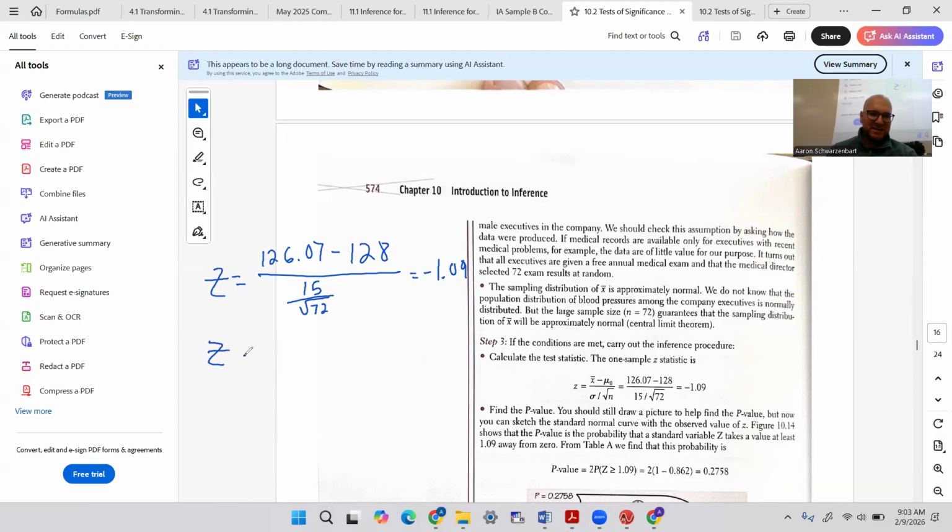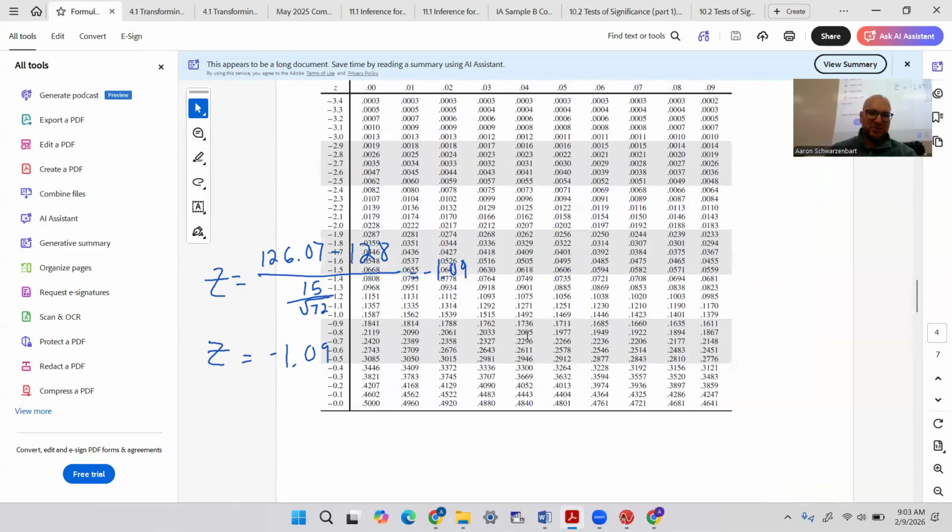So my test statistic, as it's called, is negative 1.09. I shall go look it up in my table. Negative 1.09, 0.1379.